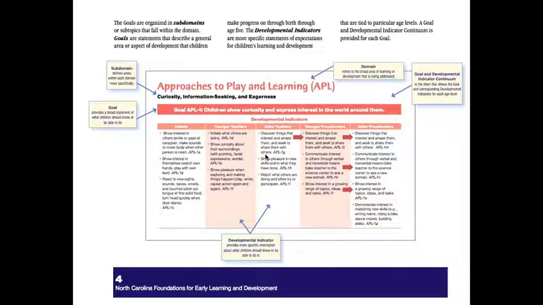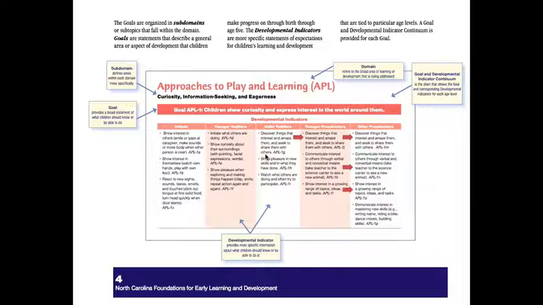I want to show you how this document is organized so that we know how to use it. First of all, this is a picture of a page from a domain section. There are 5 domain sections, and this is just one of them. This one is called Approaches to Play and Learning, and it's abbreviated by APL.